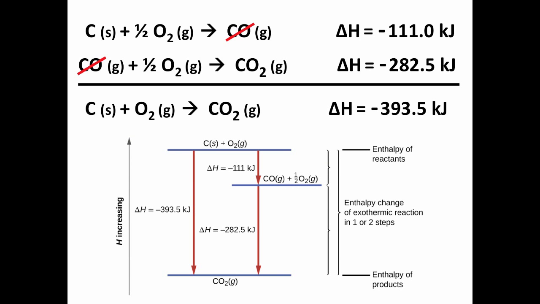And we can look at this in a diagram by noting that we can start with carbon and oxygen and end up with carbon dioxide either via having carbon monoxide formed first, which gives off 111 kilojoules, and then carbon dioxide forming next, which gives off 282.5 additional kilojoules, or we could imagine going directly from carbon and oxygen to carbon dioxide, and that process gives off 393.5 kilojoules.